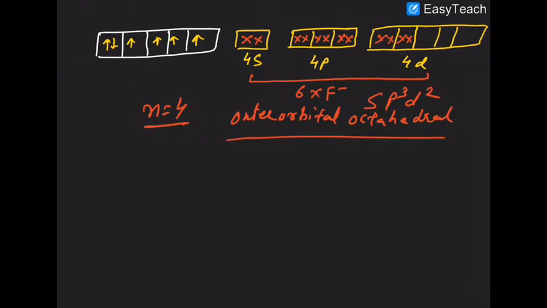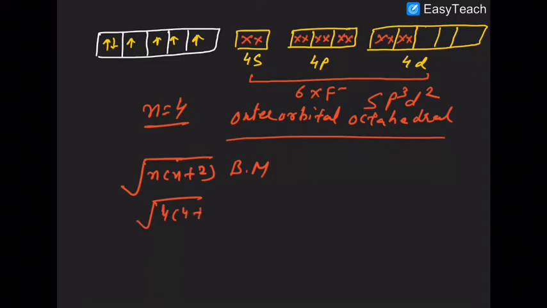Are you getting that in your mind now? So magnetic moment is equal to root n(n+2) Bohr magneton. So put n here: 4 into 4 plus 2, so it comes out to be root 24 Bohr magneton.